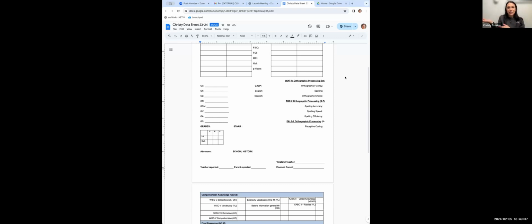Cosas que sabes. What does the student know? The GF is the fluid reasoning, and it's problem solving with new stuff. Solución de problemas con cosas nuevas.